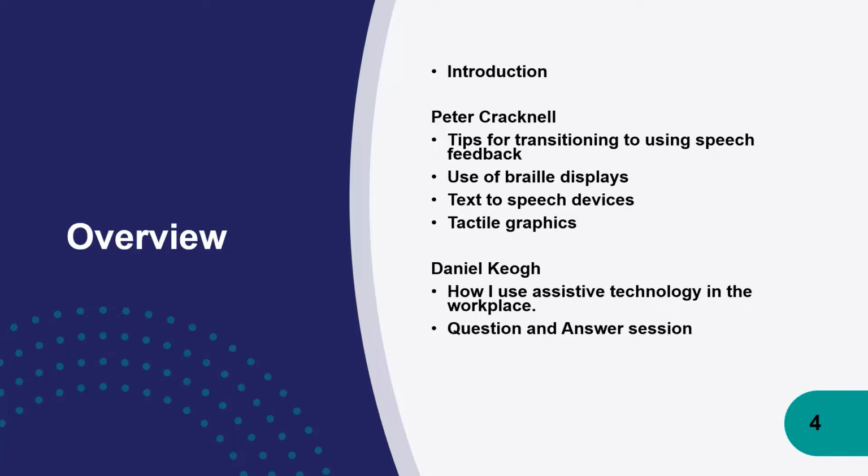We'll talk about the use of refreshable Braille displays, text-to-speech devices, and also a bit about tactile graphics and how they can assist people. And then we have Daniel Keogh, who will talk a bit personally about his experience using this kind of technology and how he uses it in the workplace. And we will then have a question and answer session. So over to you, Peter.